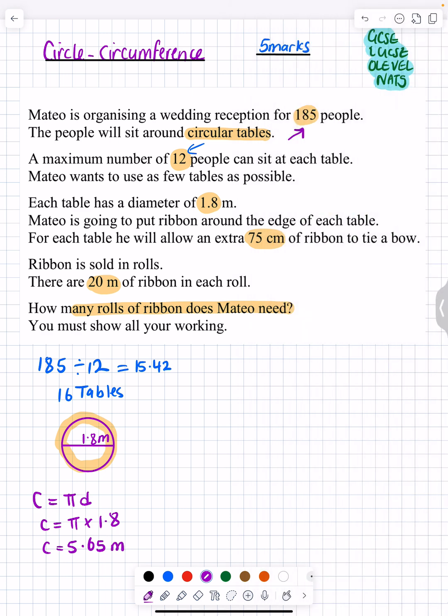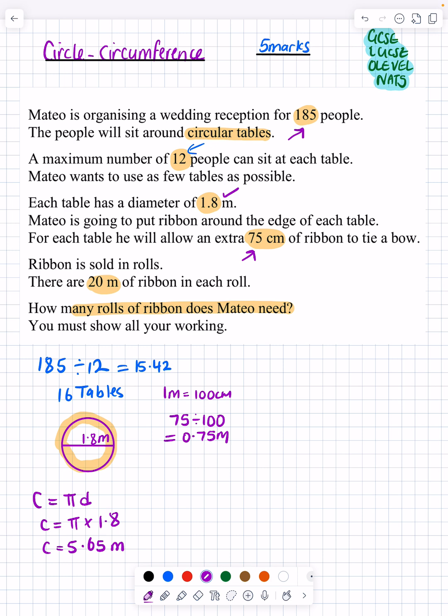But then the question said that for each table, he will allow an extra 75 centimeters of ribbon to tie a bow. So we need to convert that into meters first. 1 meter is 100 centimeters, so 75 divided by 100 gives us 0.75 meters.